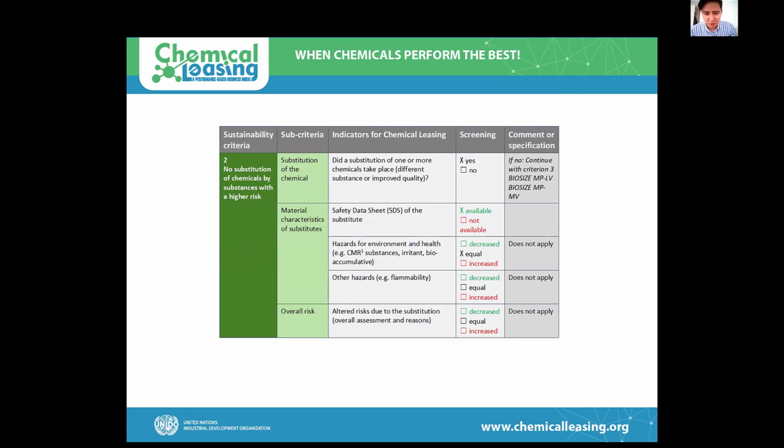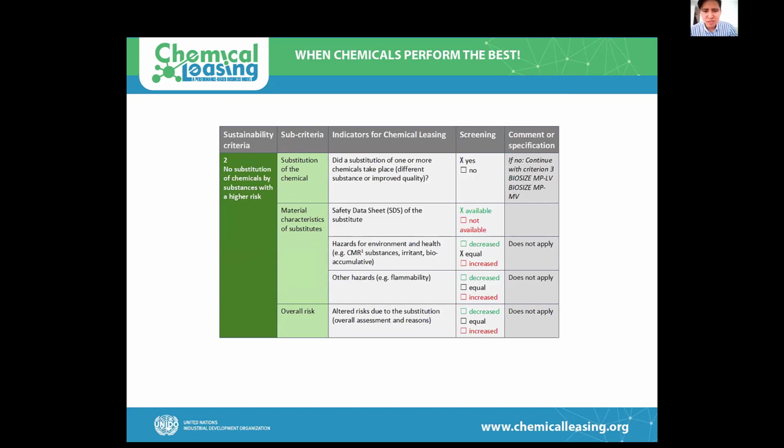Now, this is important because one thing that is really necessary while implementing chemical leasing is to make sure that the chemicals you substitute are not more hazardous than the ones you have substituted. So I can just tell you about an example from previous year. We received this application, which was very good. They were going to change one cleaning agent for another one, which is great.